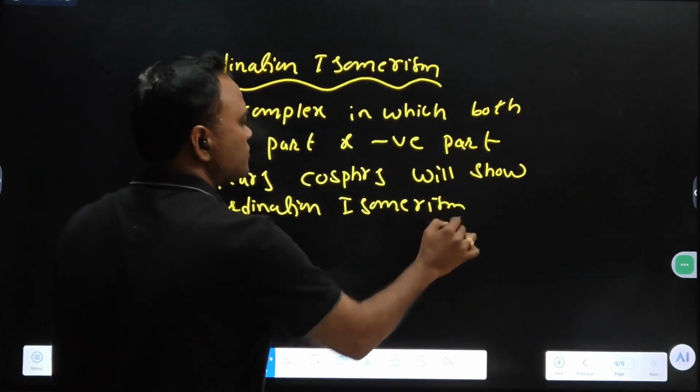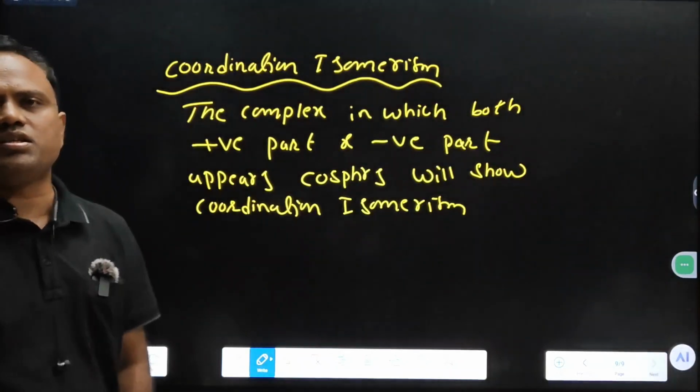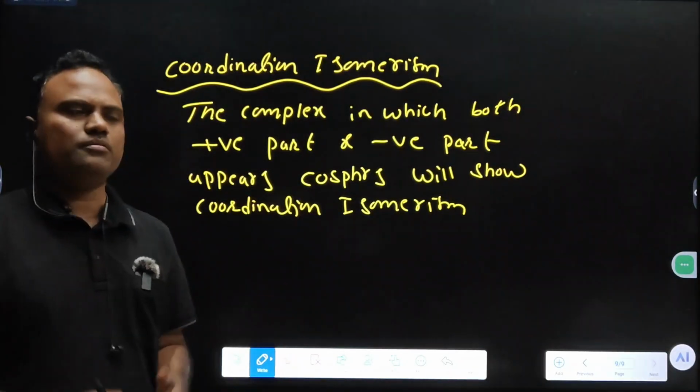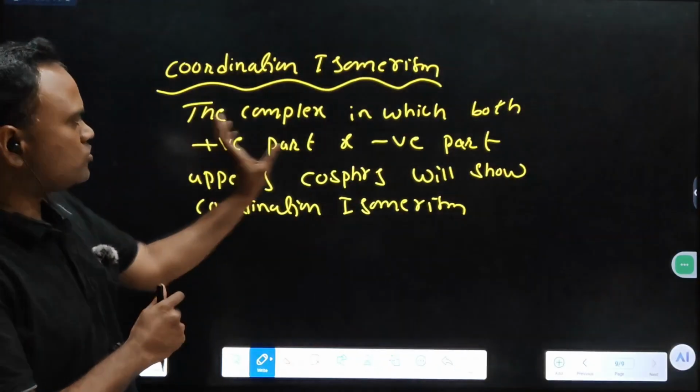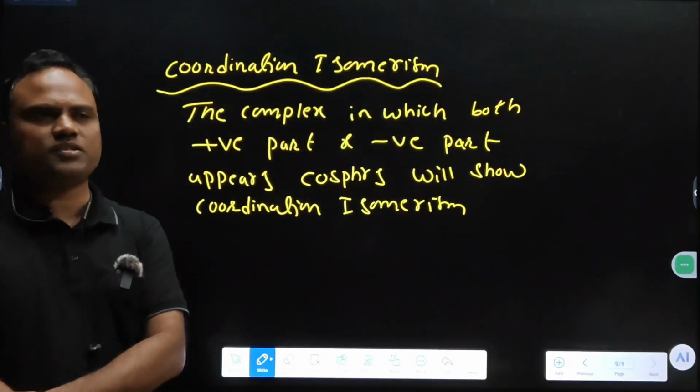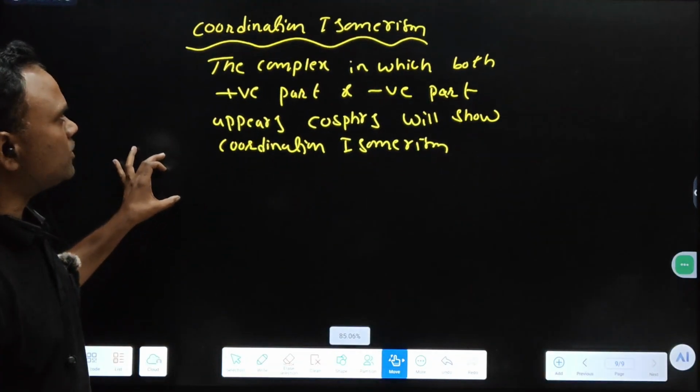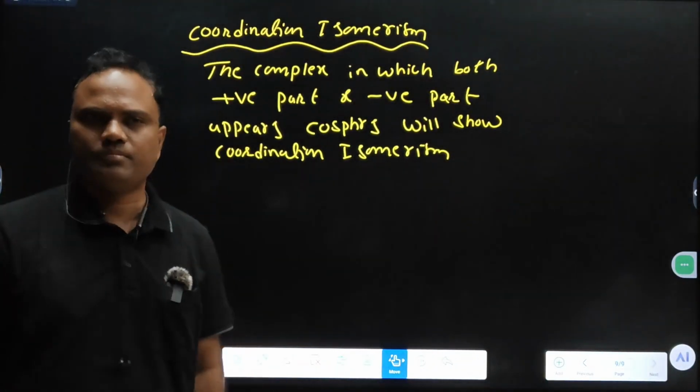Now coming to the definition. The basic condition is we should have both the positive part and the negative part appearing as spheres. I have given just a condition only. Now I will come to the definition.